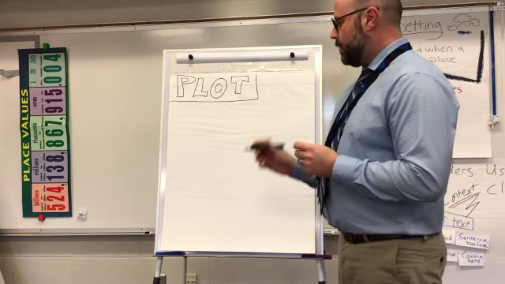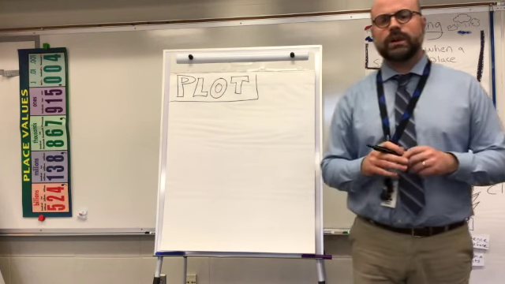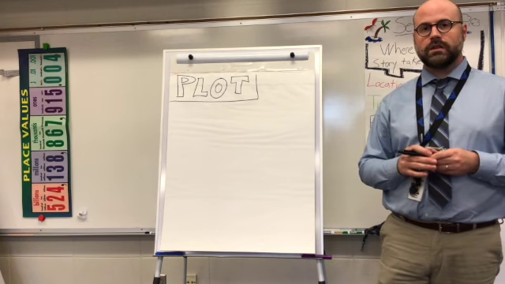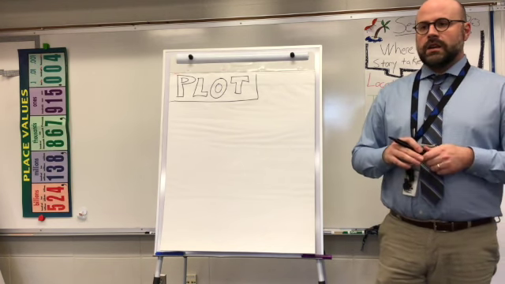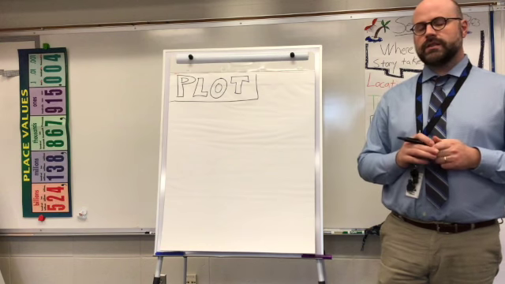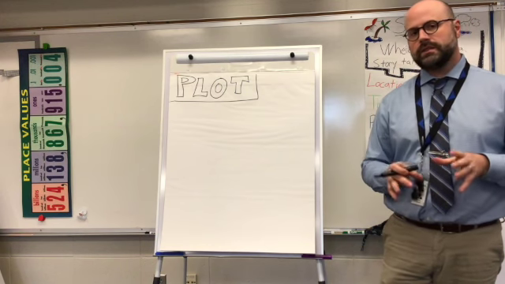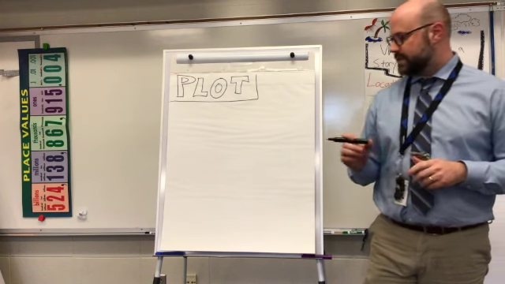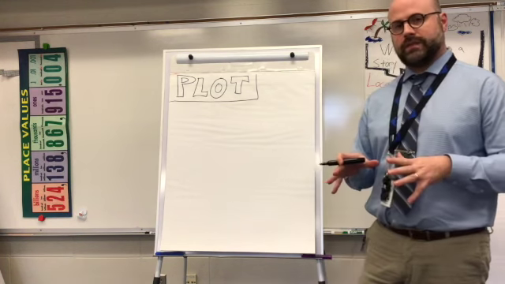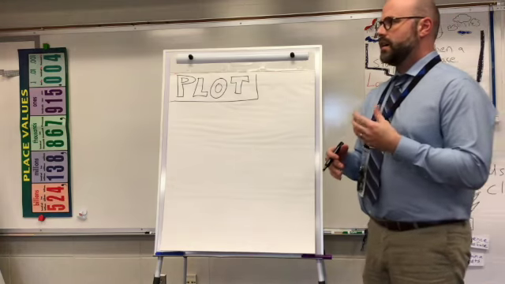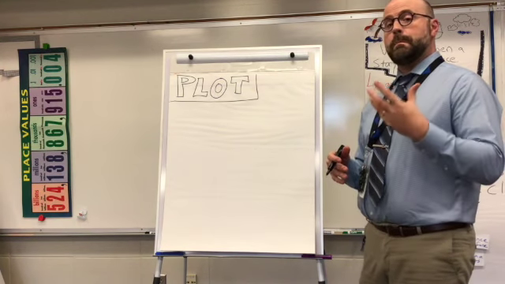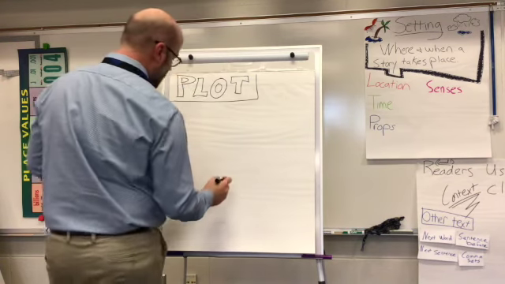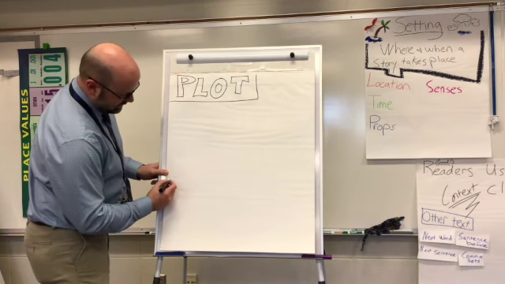But what we're going to focus on today is mapping out plot, okay? And usually there's 5 main things to plot, but we're going to go over all 5, and I'm going to tell you the 3 main ones as we go along. And I'm gonna chart it as something that's gonna look like this.